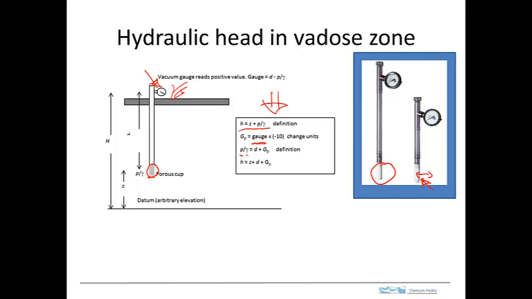And so then the pressure head is equal to this G sub P, which is the gauge reading in units of pressure head in centimeters, and we add in the depth below the gauge where the porous cup occurs.